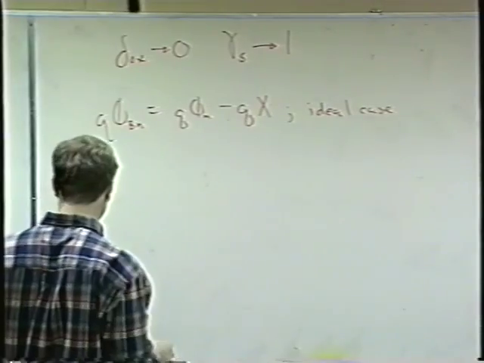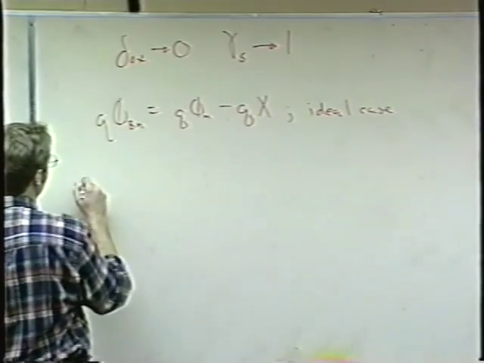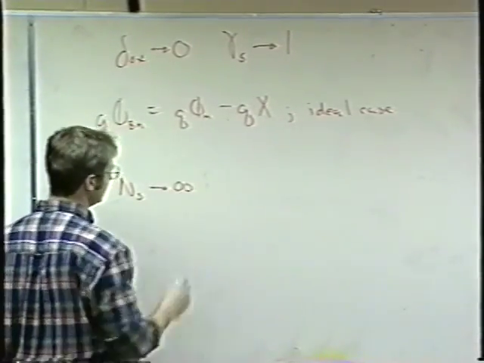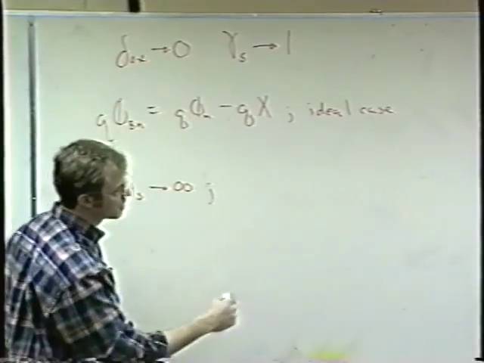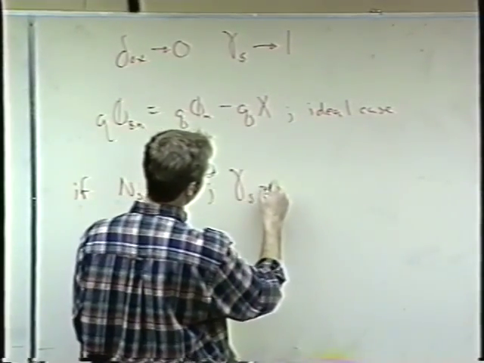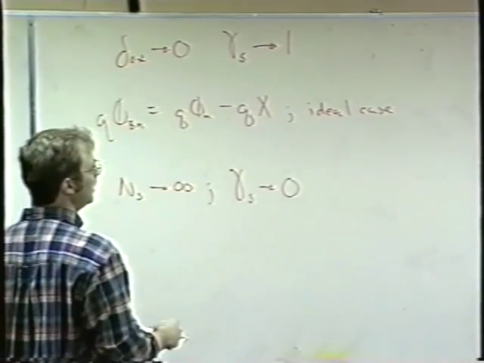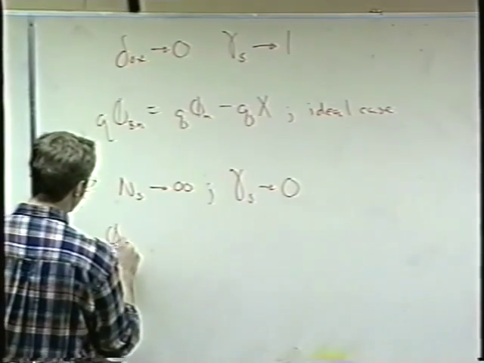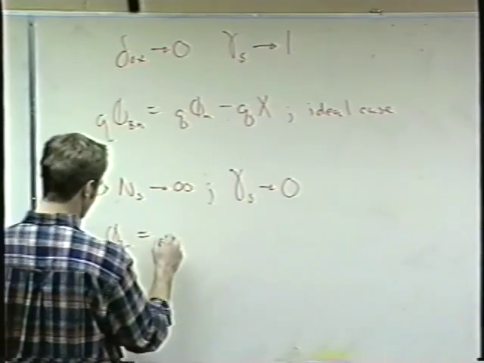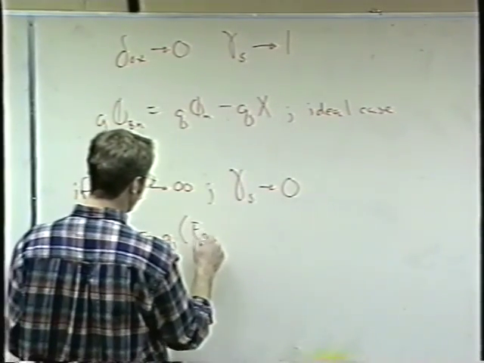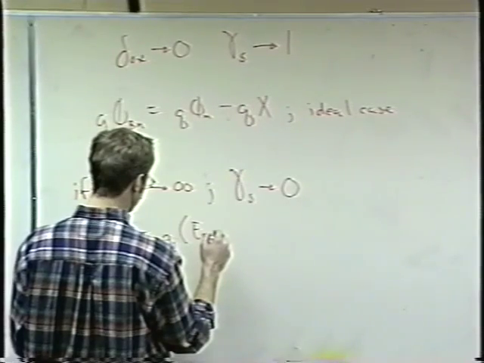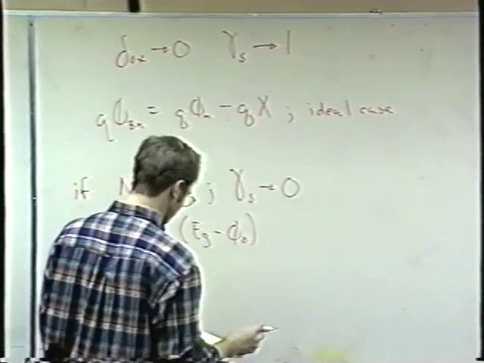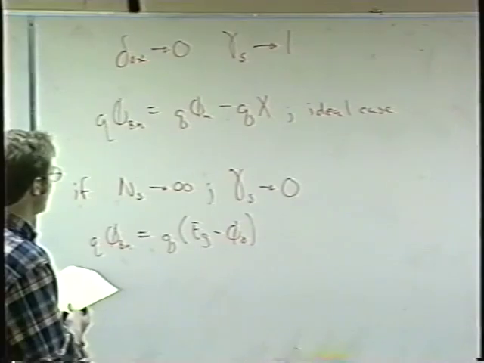And if our surface states, N sub S, get very large, just go to infinity, right? Then from our equation over here, we can see that gamma S would go to 0. And so our barrier height is simply dependent on the band gap at our neutral level, which is kind of interesting.